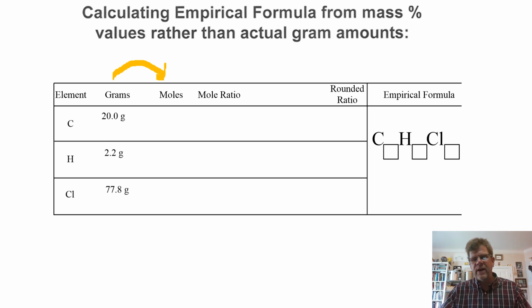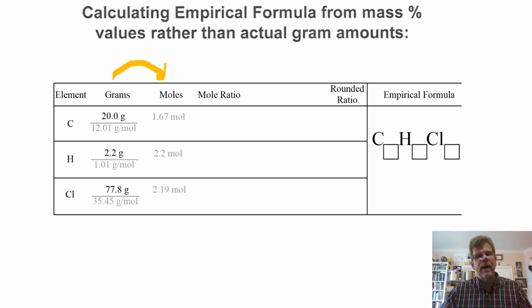We do this by taking the atomic masses of each of these elements found right in the periodic table and dividing them into the gram masses to give our molar amounts. And here are our respective molar amounts right here: 1.67 moles of carbon, 2.2 moles of hydrogen, 2.19 moles of chlorine. So these are certainly not whole numbers.